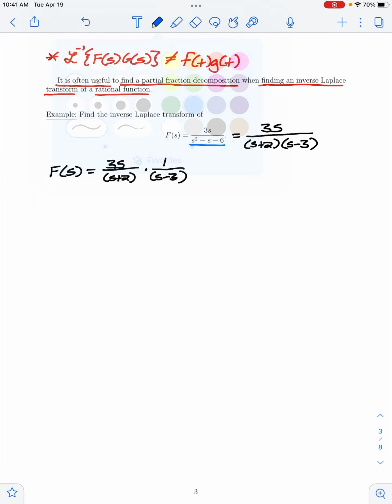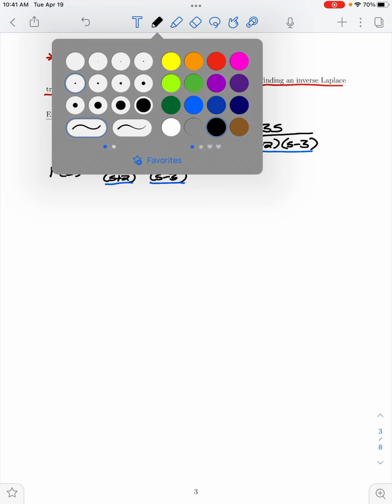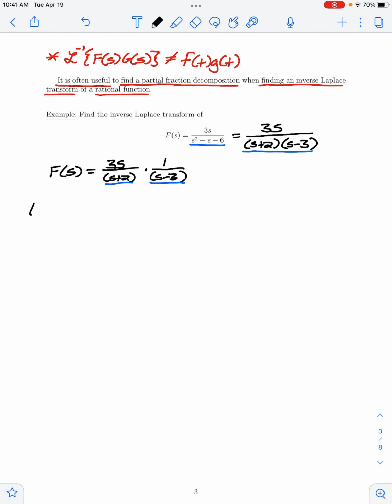So when I see that my denominator is a product of terms, s plus 2 and s minus 3, I cannot simply take the inverse transform of each factor. I need to do something to rewrite this as a linear combination of terms. So here I could make use of a partial fraction decomposition.